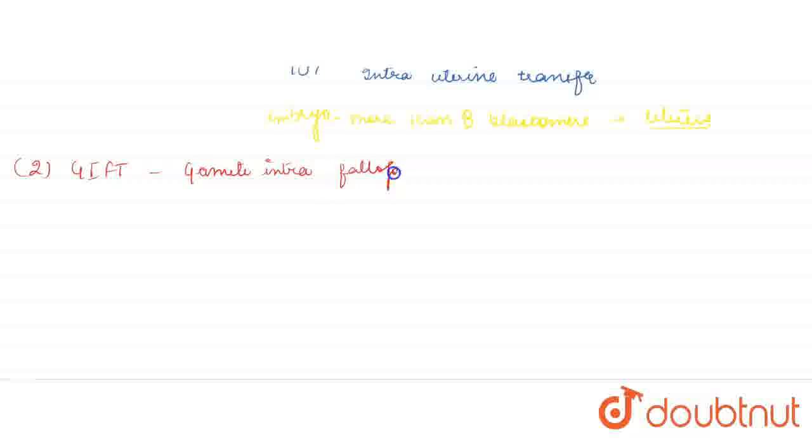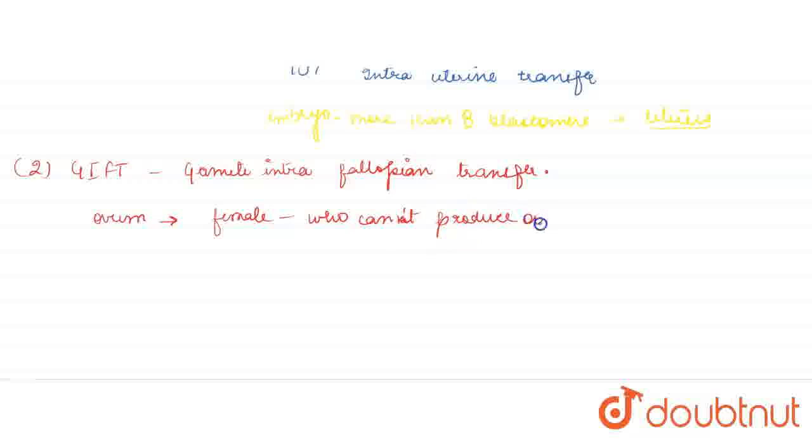In this method, the ovum is collected first from a donor female, and then it is transferred to a female who cannot produce ova, but who is capable of providing other suitable conditions for fertilization and development of the fetus up to parturition.